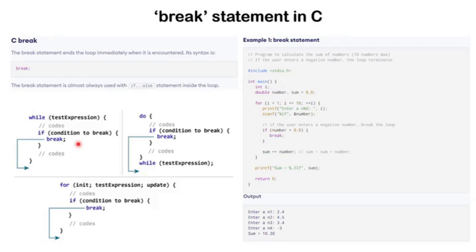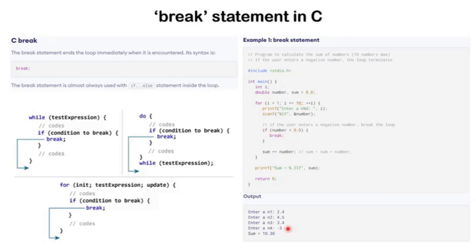Okay, so let's see an example. This is an example to calculate the sum of the numbers, maximum 10 numbers. But whenever the user enters a negative number, we are terminating the loop. So the loop is iterated from i equal to 1 to 10, because the maximum is 10 numbers. But we are breaking the loop if the number is less than 0.